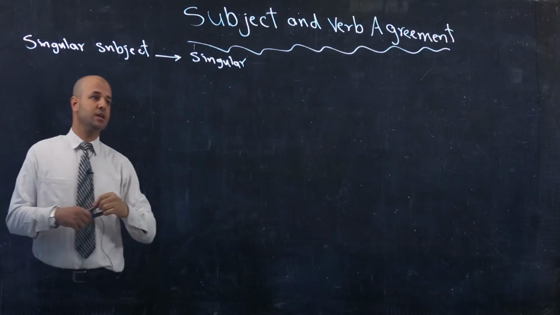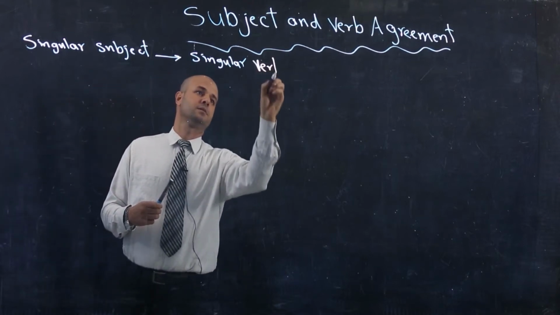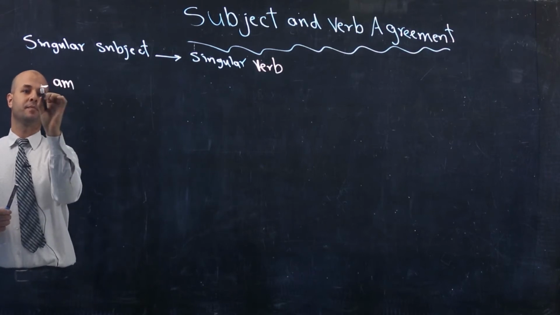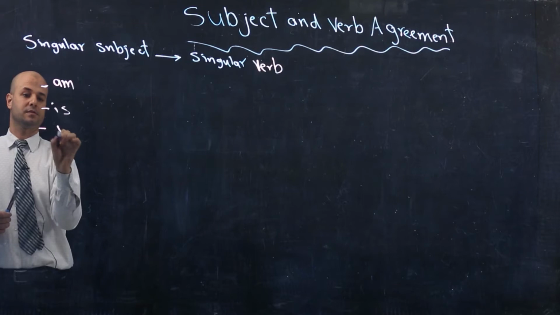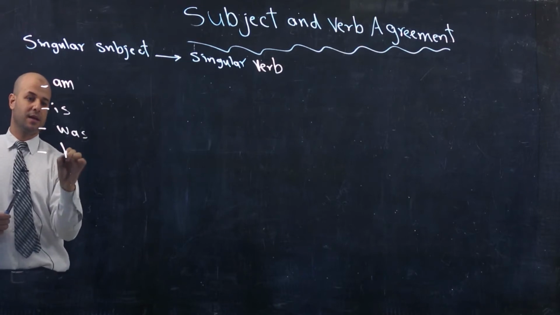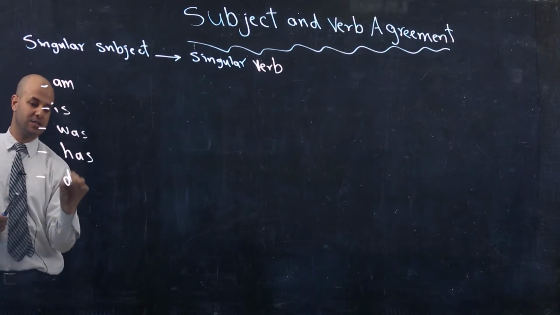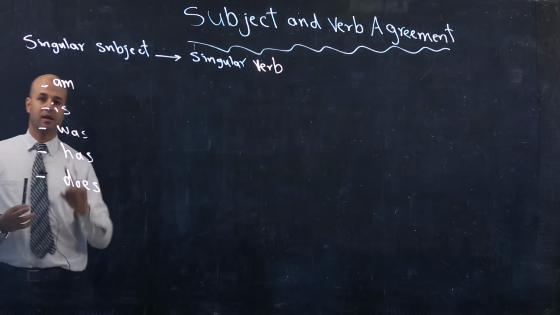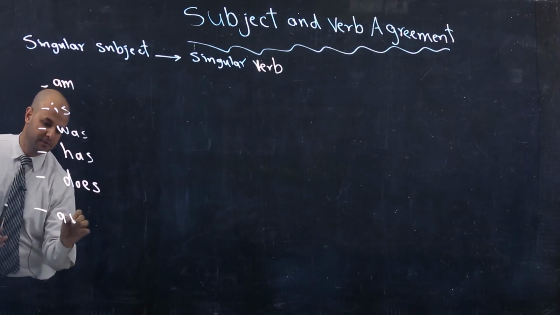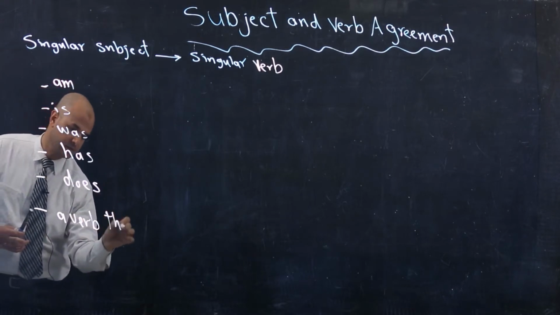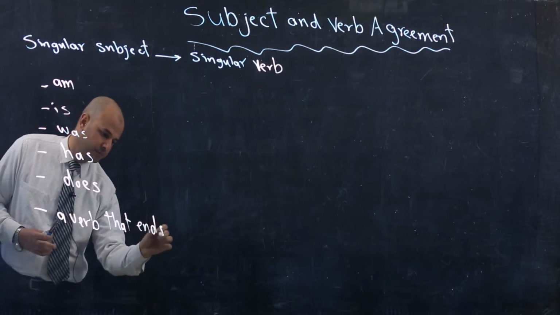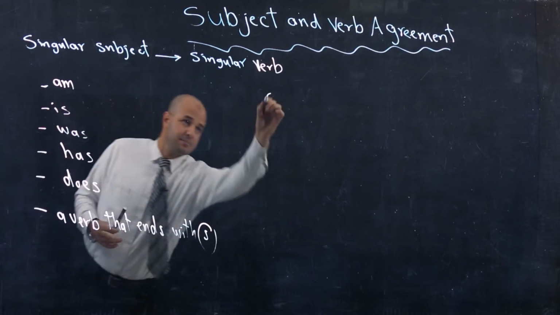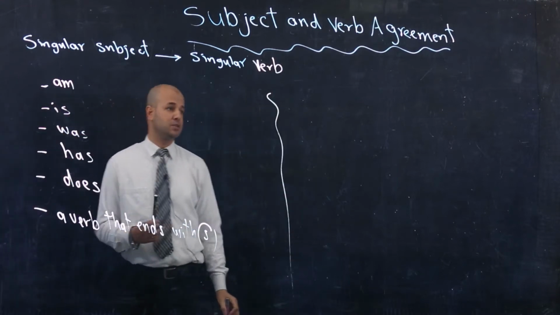And we mentioned singular verbs last session: there, am, is, was, has, does, and if I have a main verb, it must end with s. A verb that ends with s. This is a part that we explained last session.